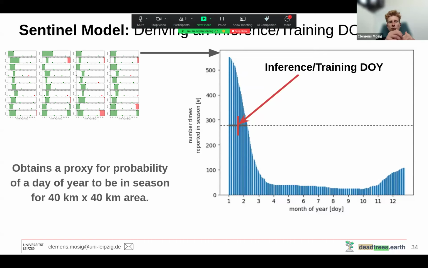Sometimes we included images from the winter if it was just evergreen trees, just to increase the training data. And in the tropics, it's really difficult to figure out a season because it depends heavily on the location. There we relied again on this phenology product, and we only included ortho photos that were roughly in the growing season, where leafless trees ideally correspond to dead trees.